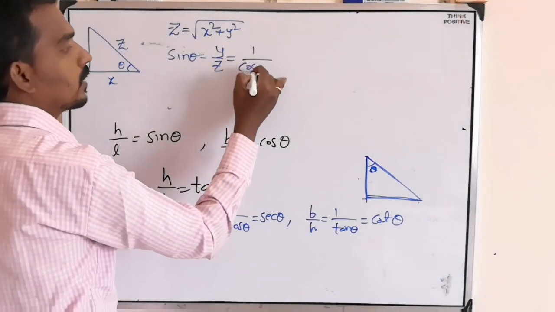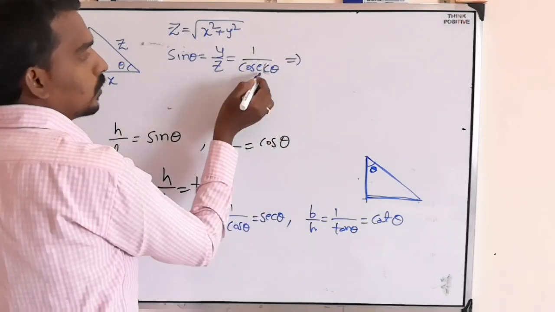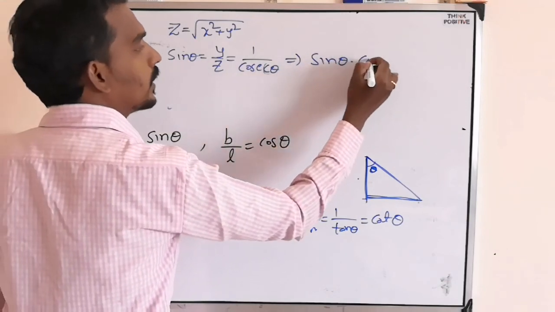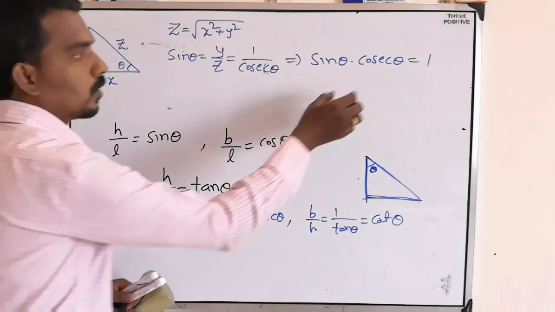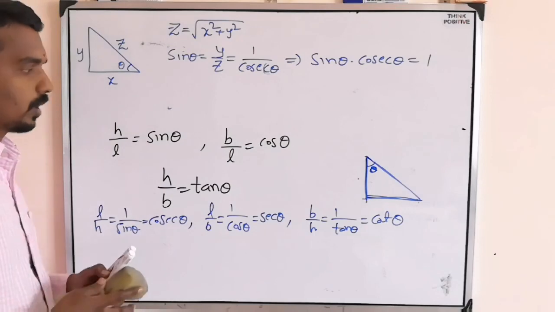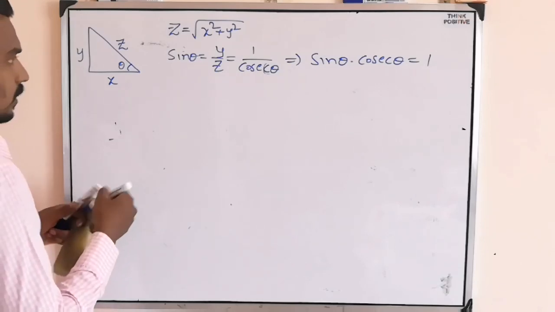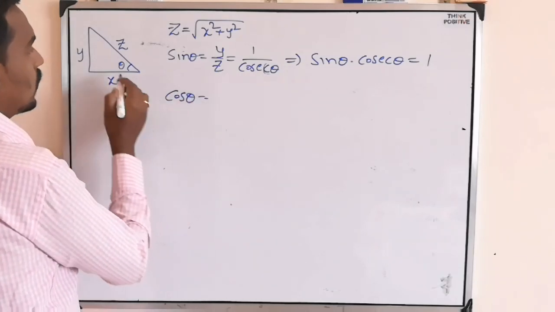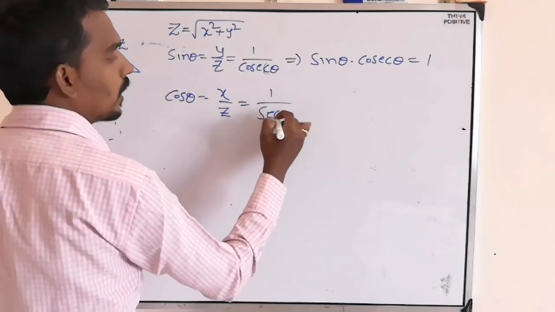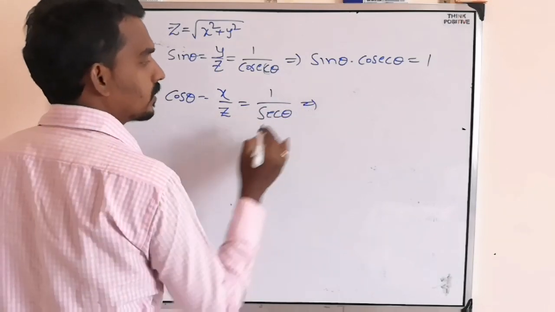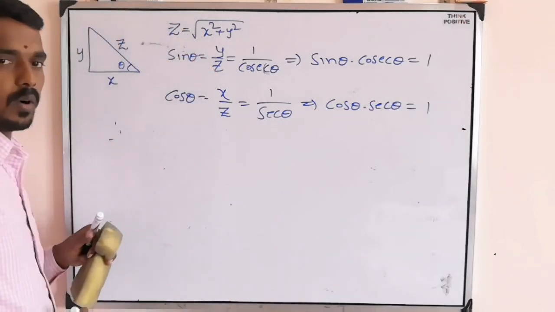Now here sin theta equal to opposite by hypotenuse, nothing but 1 by cosecant theta, which implies sin theta into cosecant theta equal to 1. The product of sin and cosecant is always equal to 1. Similarly, cos theta is adjacent by hypotenuse, that is nothing but 1 by secant theta, which implies cos theta into secant theta equal to 1.